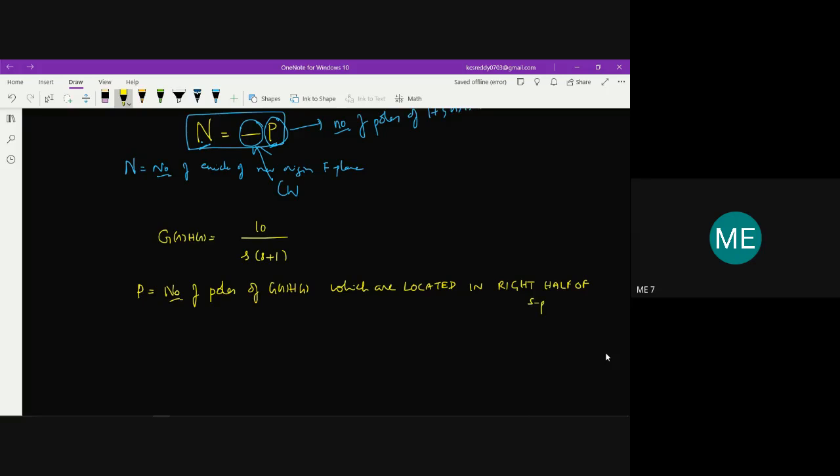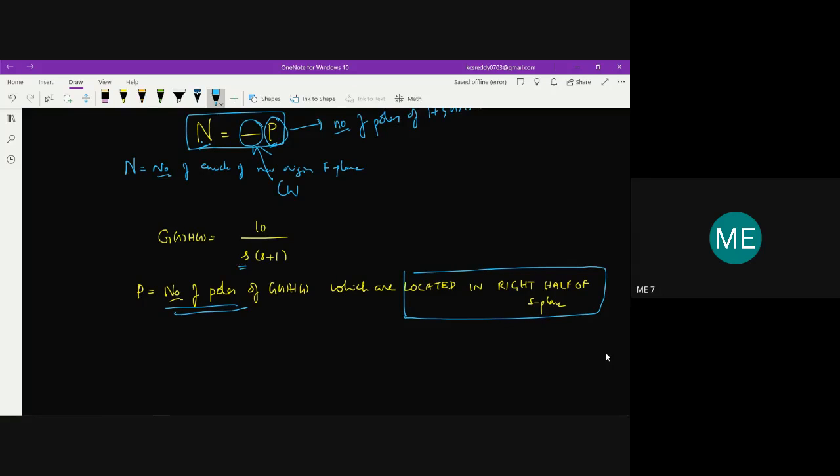This is very, very important, how P is defined. P is how many poles of G of S and H of S are located in the right half of the S plane.